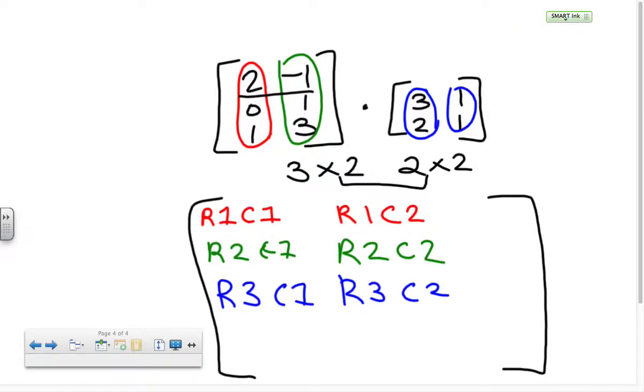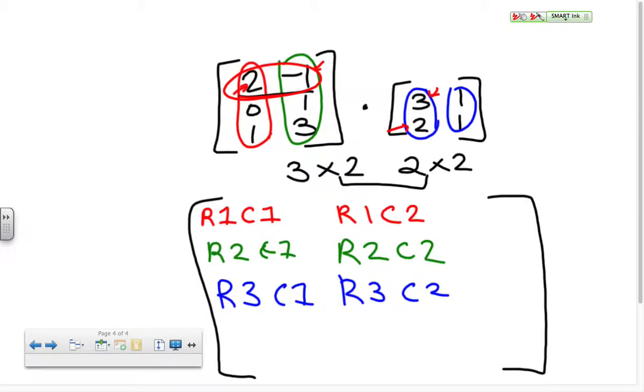Now, how this works is we're going to multiply numbers that are in the same position and add them together. I know this sounds kind of weird, so let's look at this first one. We have row 1 and column 1. So we're going to multiply 2 and 3 together, and negative 1 and 2 together.